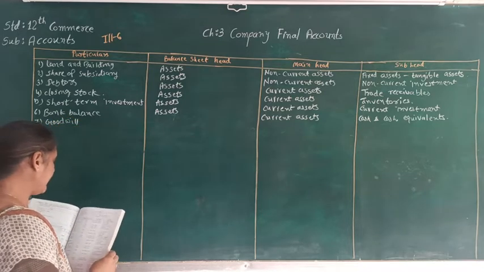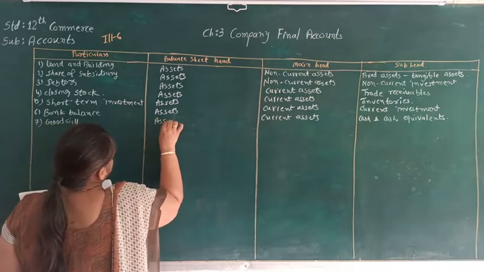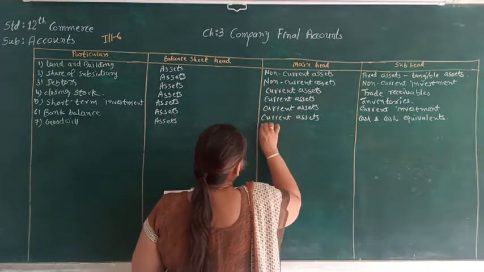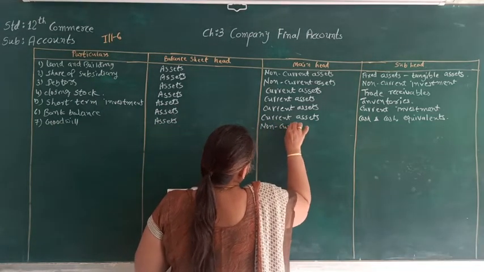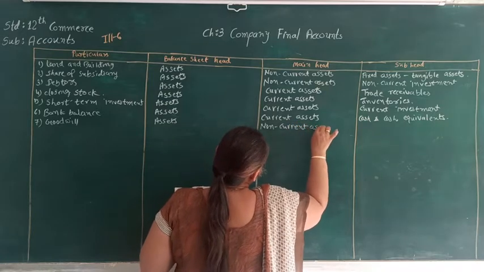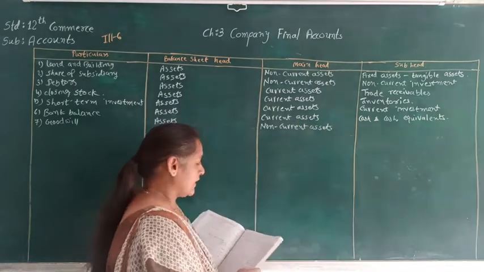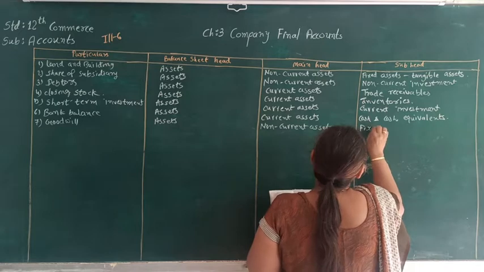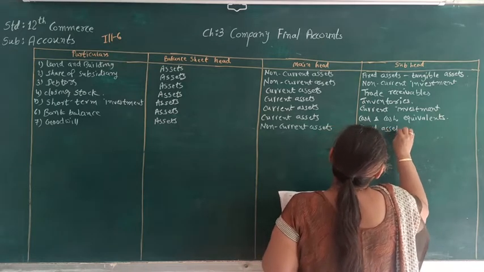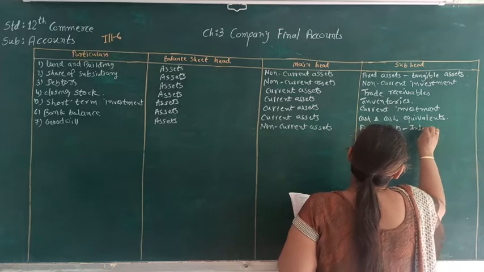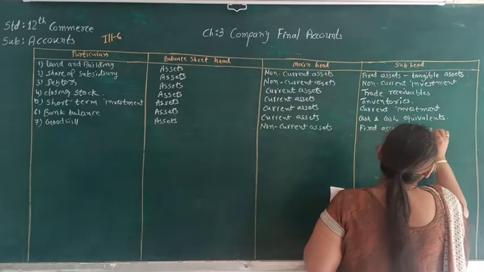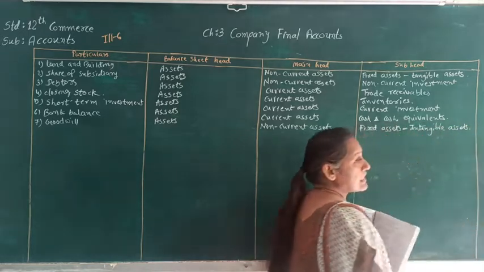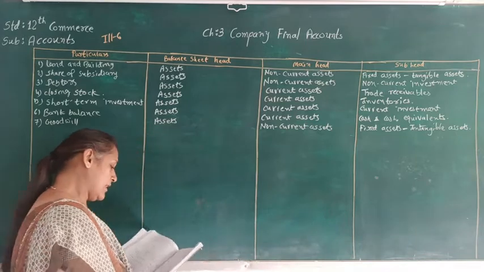And goodwill is an asset, and as we know, goodwill is a non-current asset, so it will be shown under the head non-current asset. And it is a fixed intangible asset. As goodwill cannot be seen or touched, it is an intangible asset.